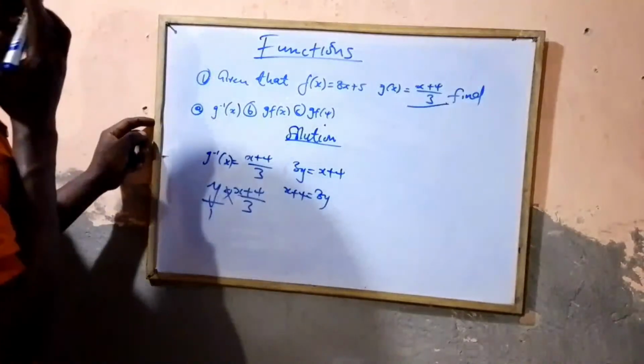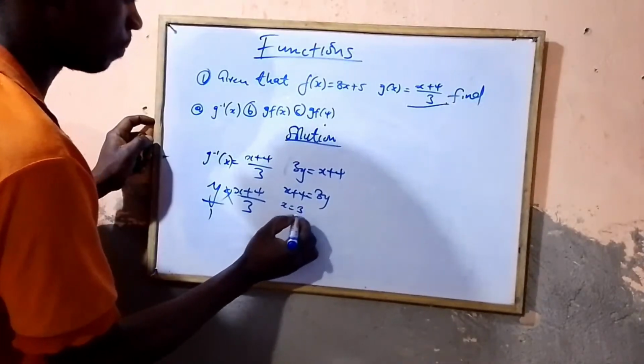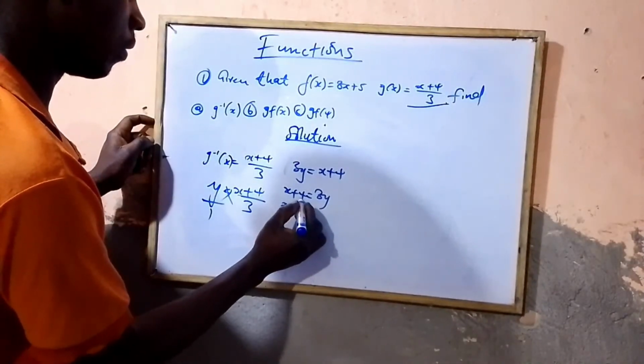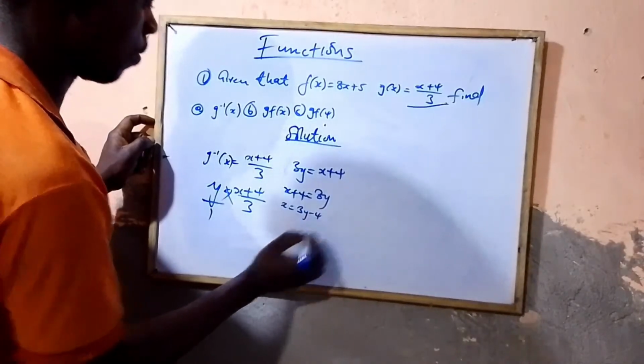So we have to make x the subject of the formula, in which it would be x equals 3y, and when 4 crosses the equal sign, it will be minus 4.